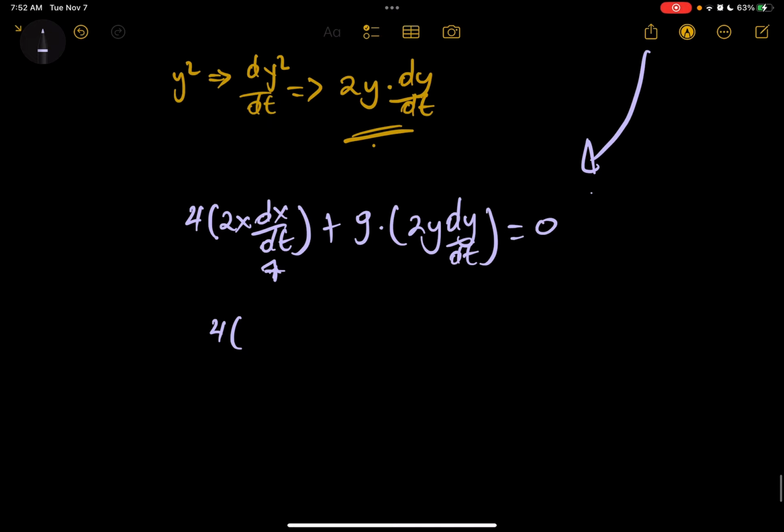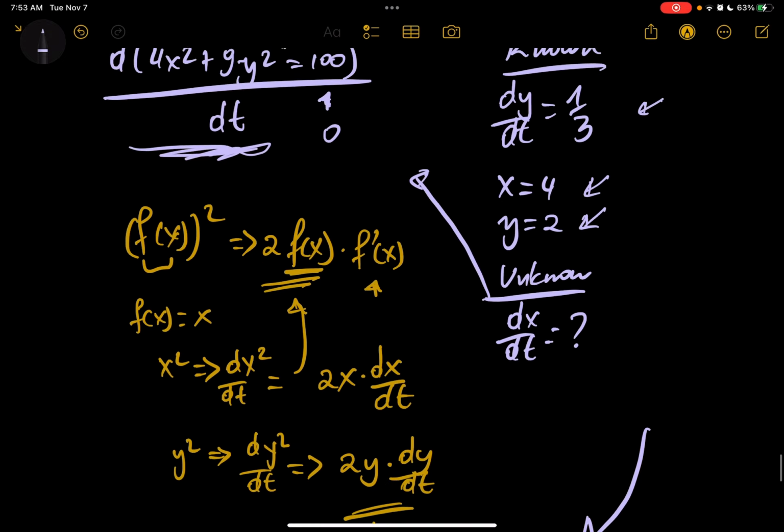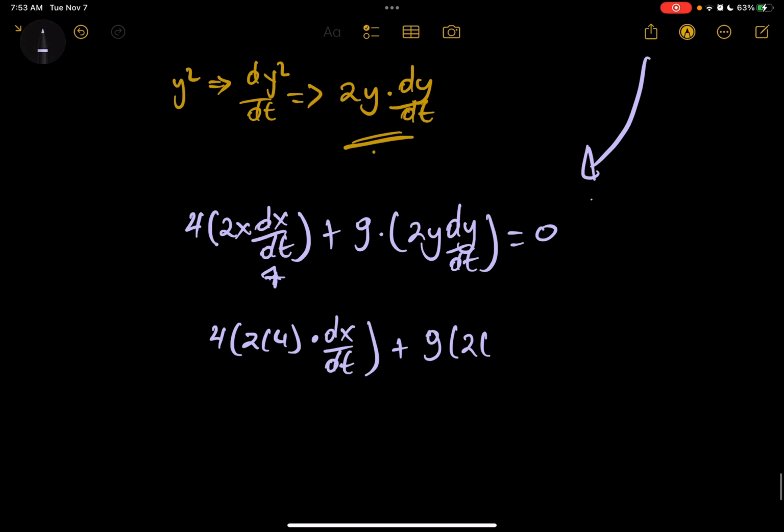My x is 4, so 4 times 2 times 4 times dx dt plus 9 times 2 times, I believe y is 2, yes, y is 2, times 1 over 3 is equal to 0.